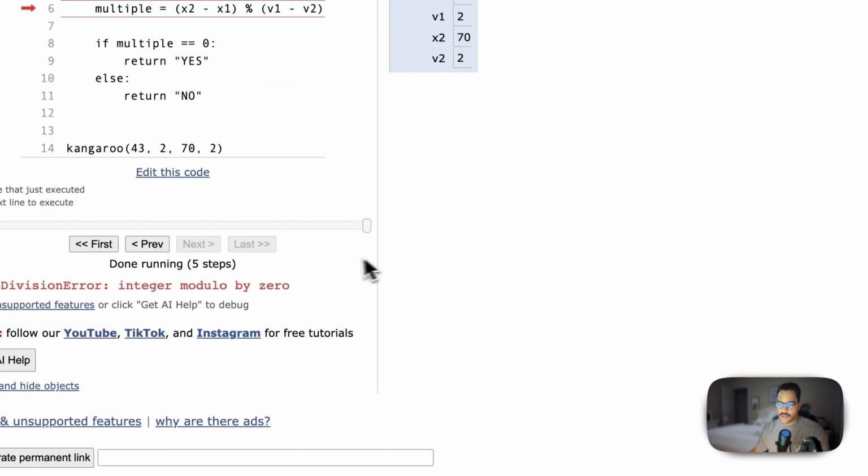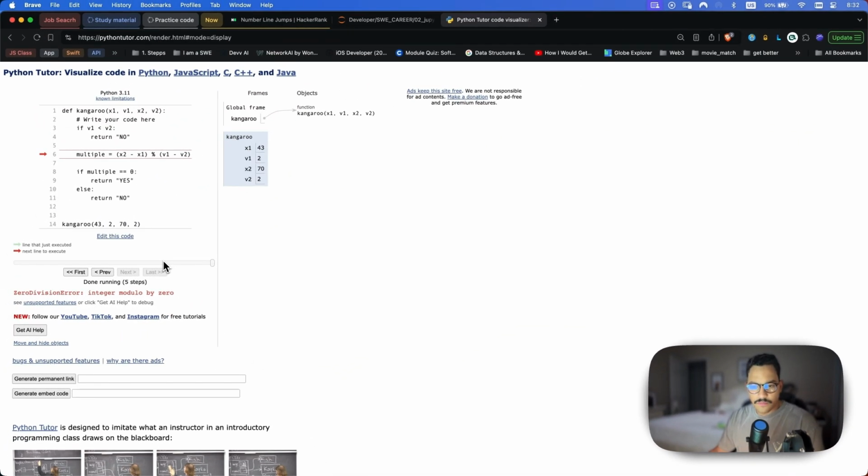But visualize execution. Zero division error, integer modulo by 0. Oh, I didn't think about that.